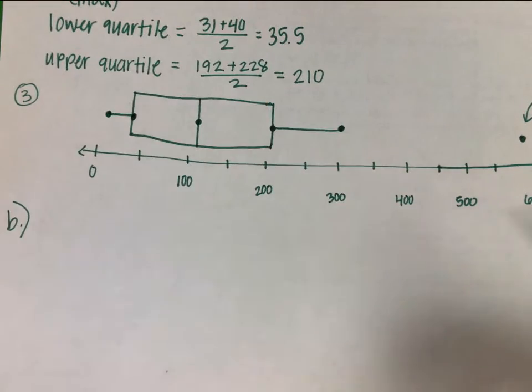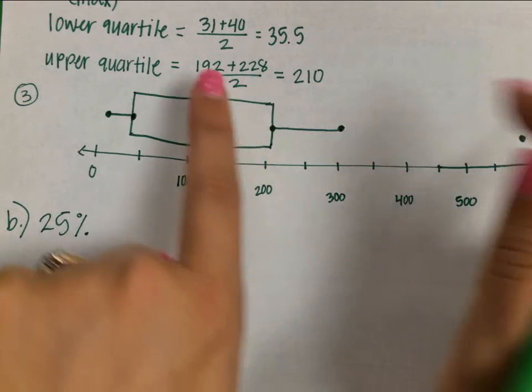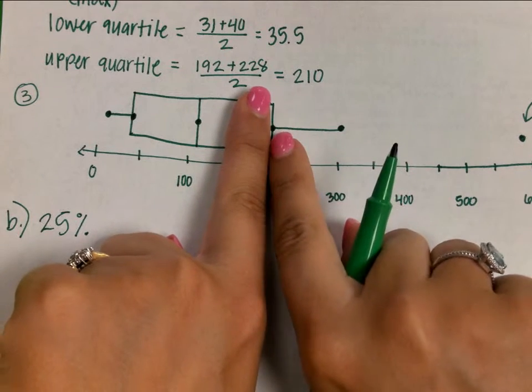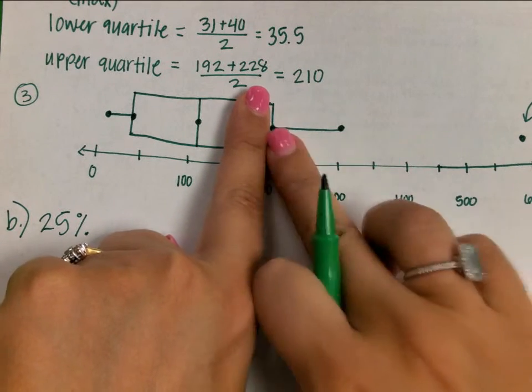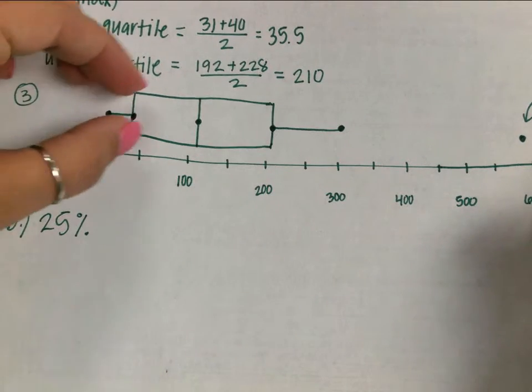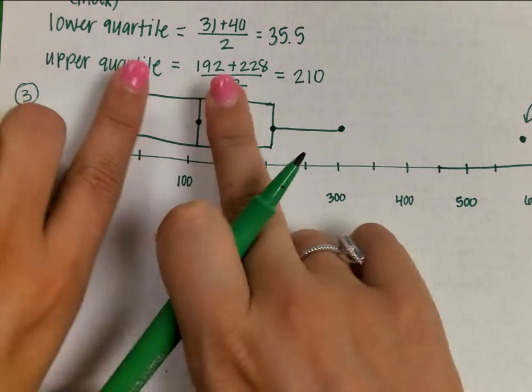Did everybody see that? How is that 25%? Because that is one quartile. 210 was right here at my upper quartile. So if it's asking for states greater than that, that's that very last quartile, so it's got to be 25%. Remember, each quartile is 25%. So this is 25% of your data.